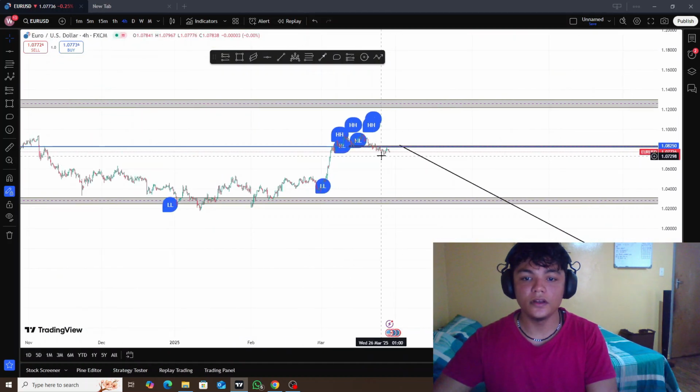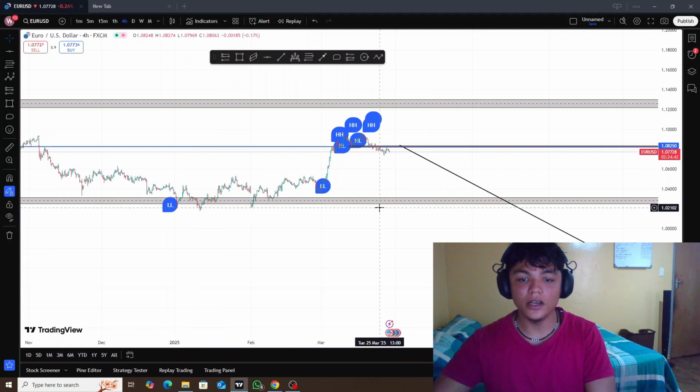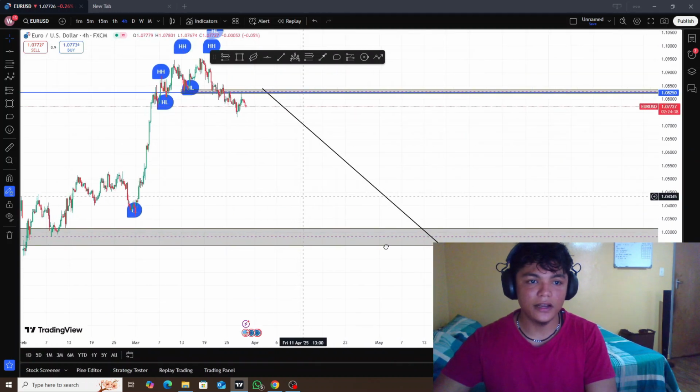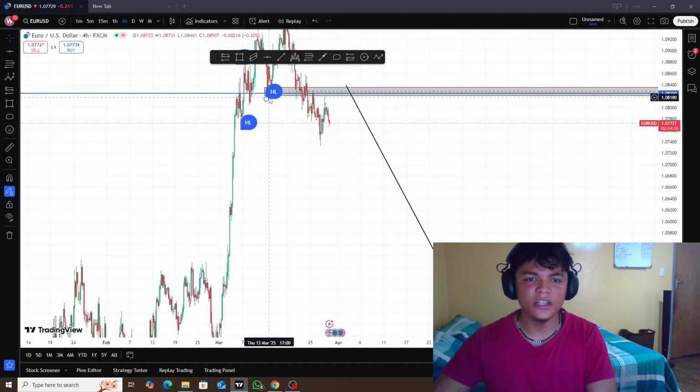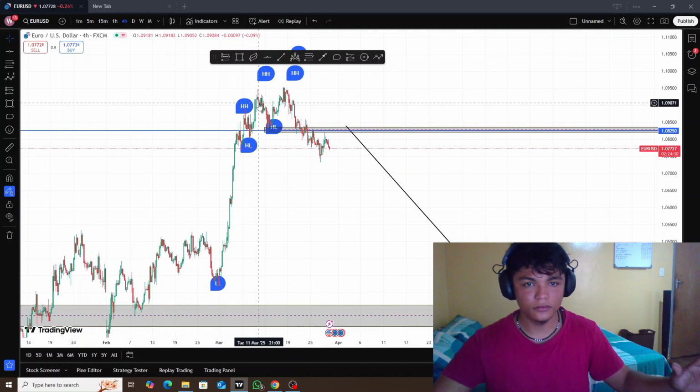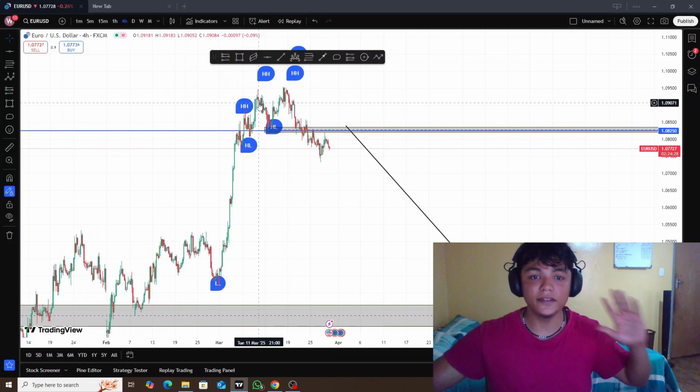So now from this area, the market needs to break this one here. The market needs to break the lower low, and just like on this side, as soon as the market breaks the higher low, that means that the uptrend is done. The buyers are tired.